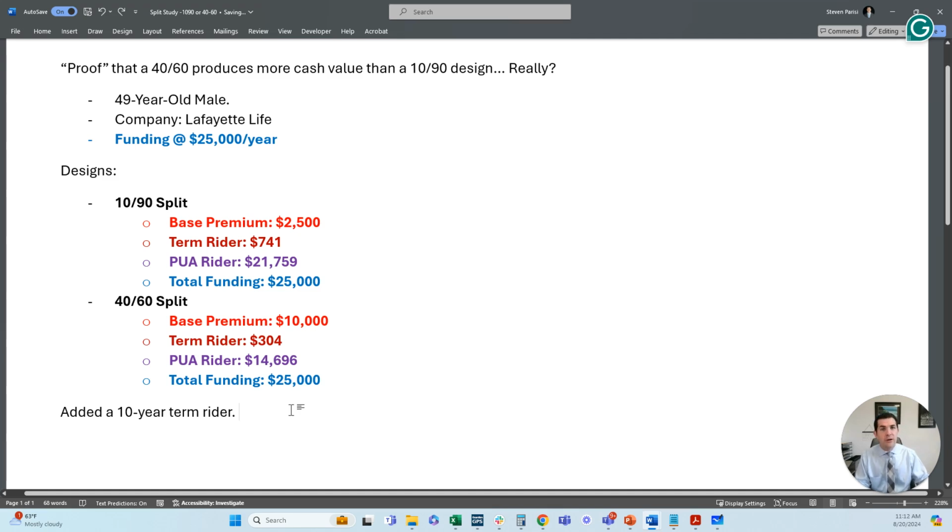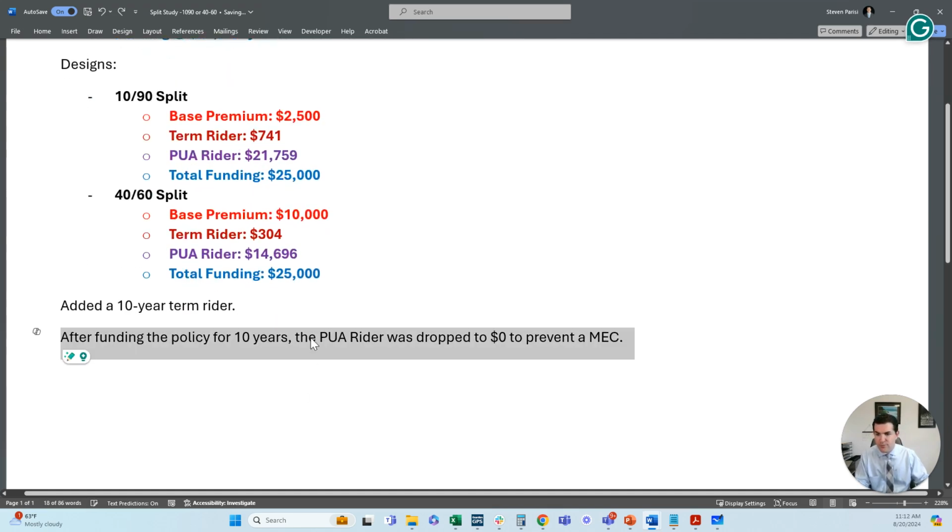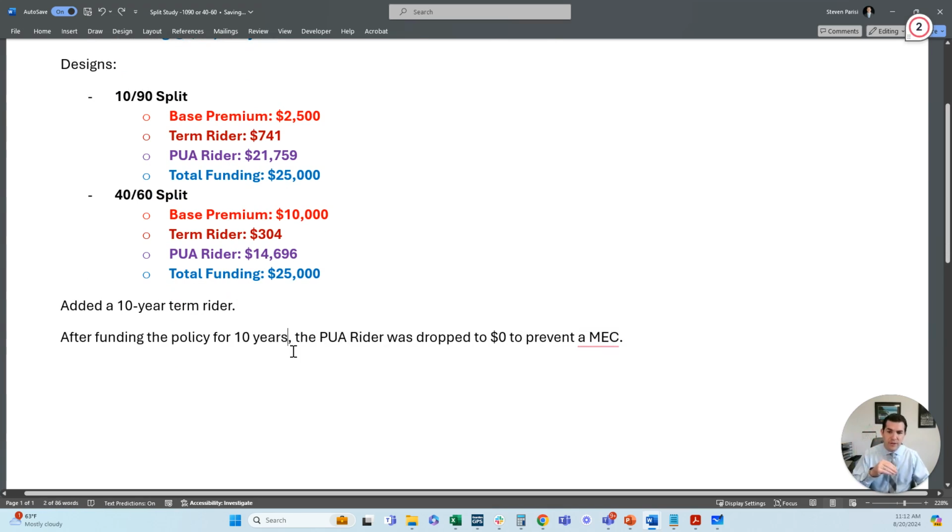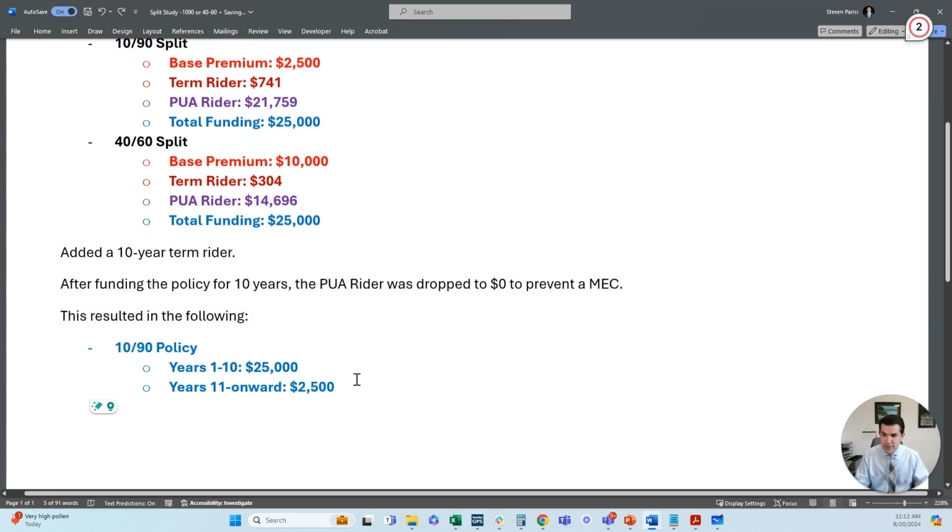A 10-year level term rider was used. After funding the policy for 10 years, the term rider fell off, and then what was illustrated was the PUA rider dropping all the way to 0. And the reason why is because this prevented a modified endowment contract, a MEC, which again is a taxable event. So it resulted in the following.